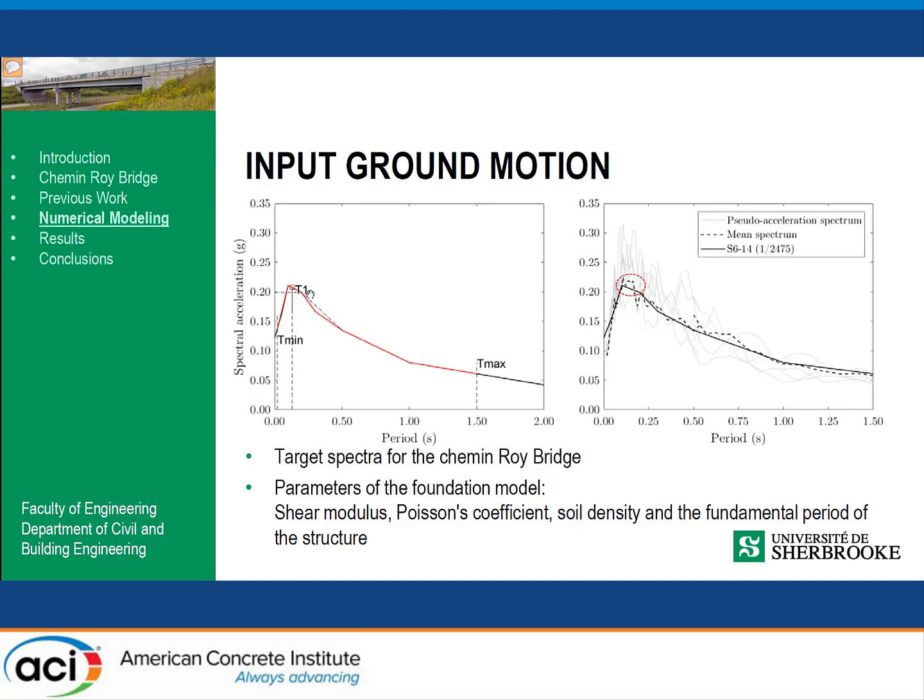You see here the first frequency of the bridge was quite short, and I put a red circle around the area of interest. What you can see is the mean spectrum varies a little bit around the target spectra, so it gives some different results.